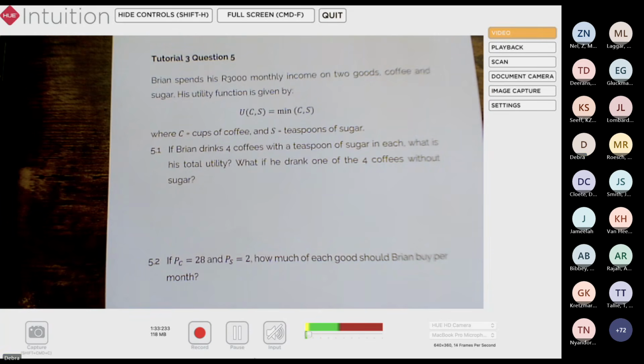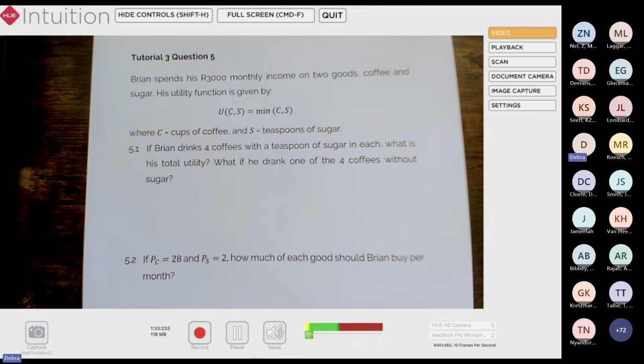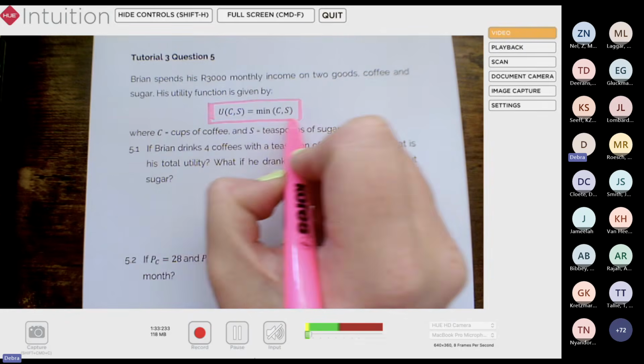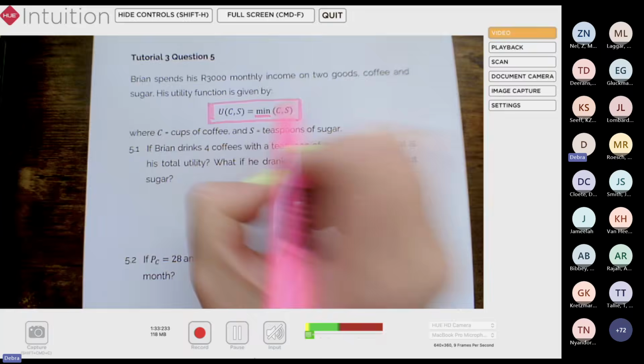Okay, so tutorial 3, question 5. We have Brian who spends his 3,000 Rand monthly income on 2 goods, coffee and sugar. His utility function is given by this function over here. The reason somebody asked me to do this is because of the min here. Why the min?